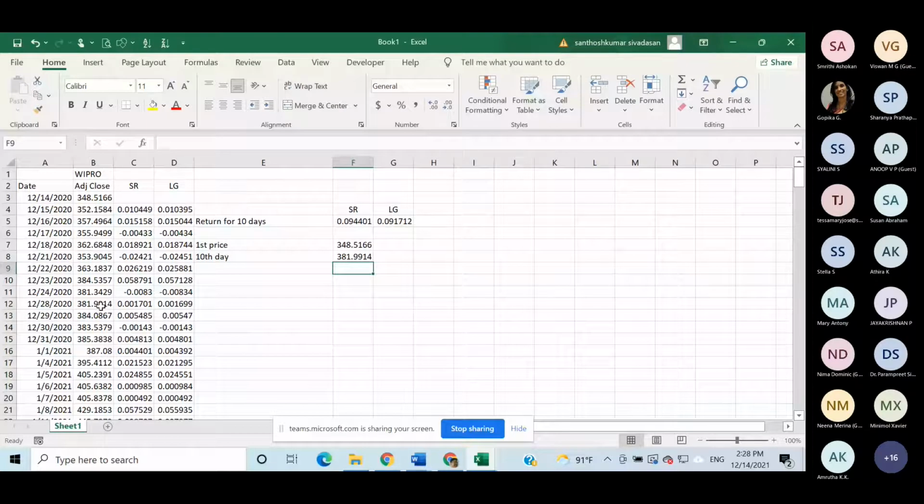We are trying to understand the difference between simple return and log return, so for that, I have summed up or computed the total return for 10 days.